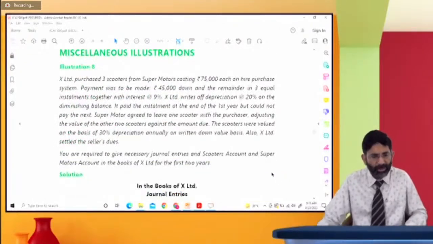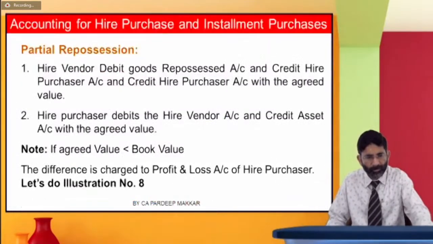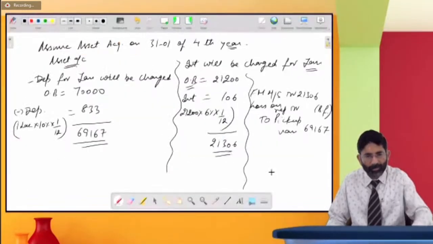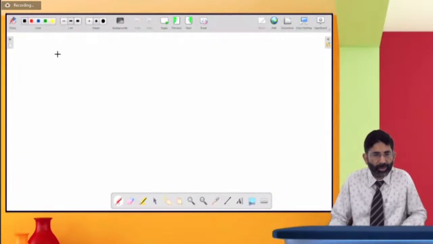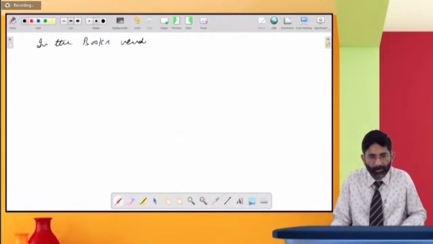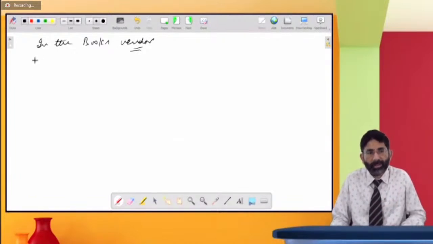One thing you may also do, like we may also note down the entries to be passed in the books of vendor in this case. In the books of vendor also you should pass entries. So when vendor will repossess the goods, what entry he will pass?